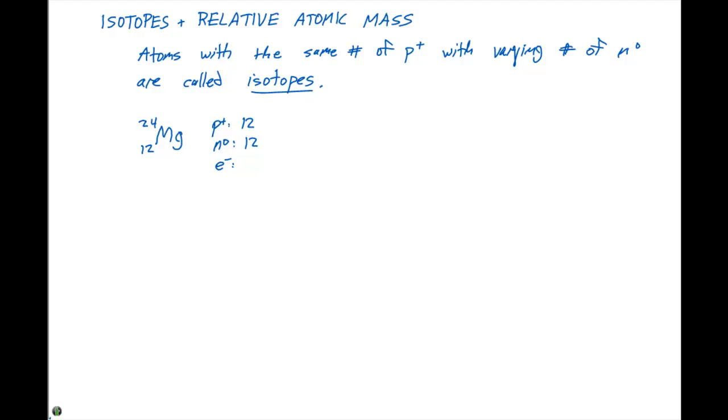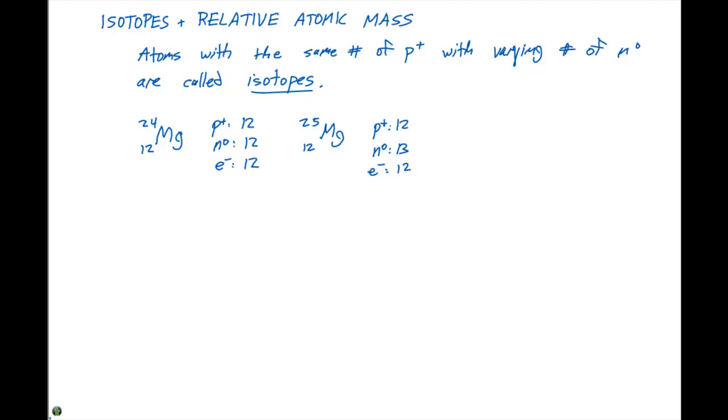And since it's neutral, it will have 12 electrons. There's also magnesium 25 that exists, which still has 12 protons. It has 25 minus 12, or 13 neutrons, and it has 12 electrons.